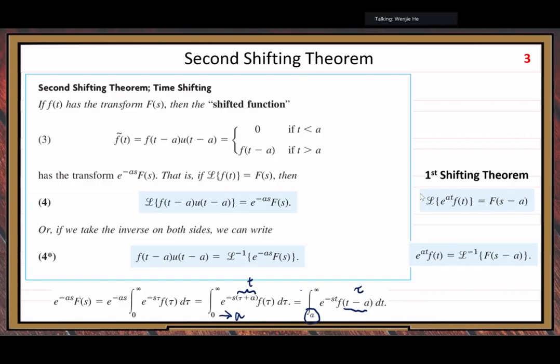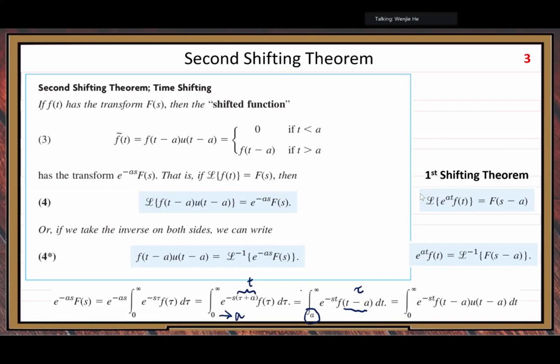So you prove it. So you write it. So this is f tilde. So in this way, you can put the lower integral limit 0. So that's the proof.